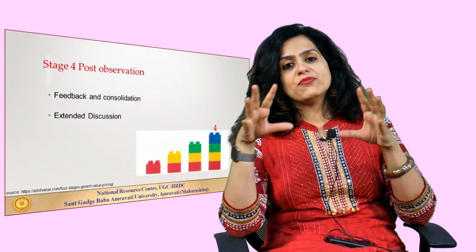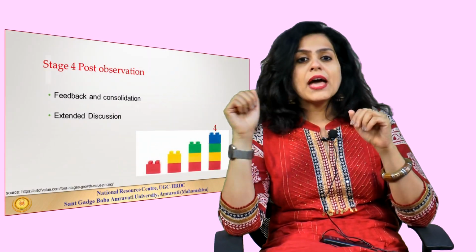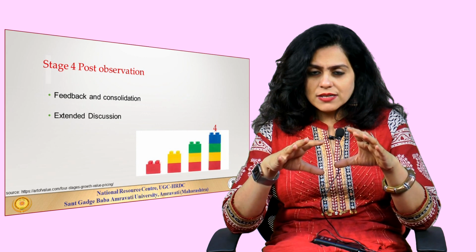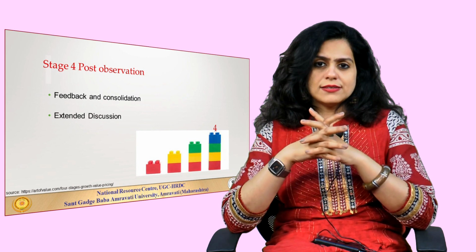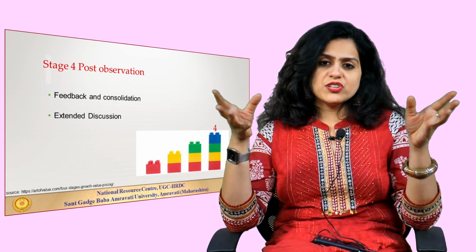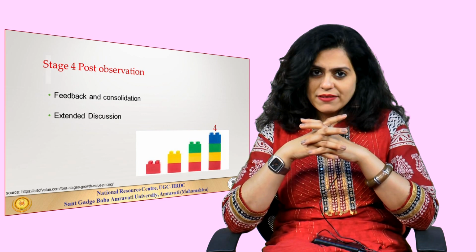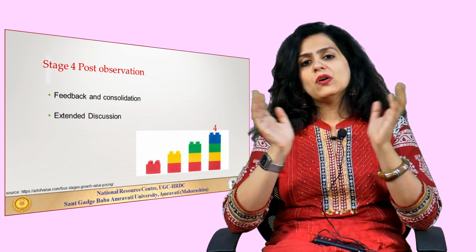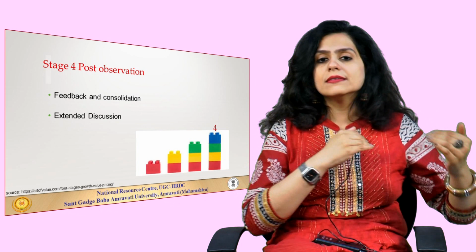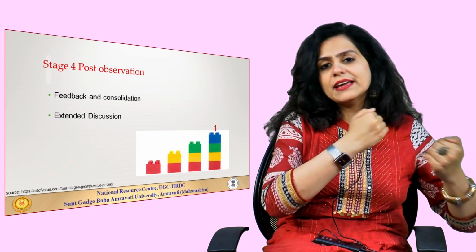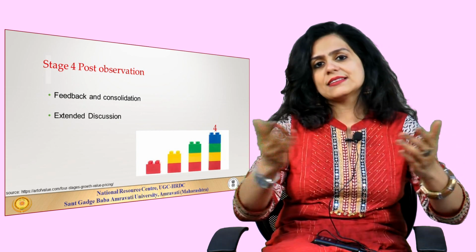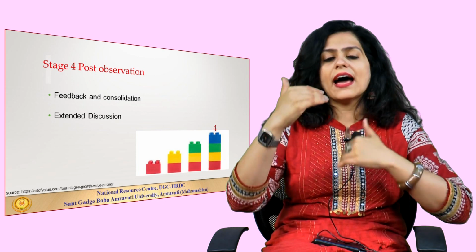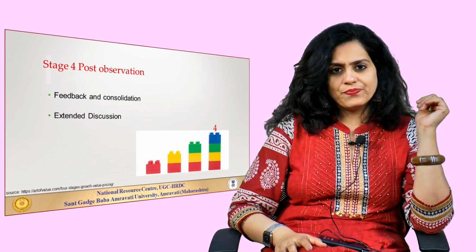Now, we are in the next stage, which is post observation, stage 4. Stage 4 is all about feedback and consolidation. The teacher asks the learners to check their answers in the observation task sheet in pairs, followed by whole class feedback, as in learners check what they have written in pairs and then they discuss with the entire class and with the teacher.